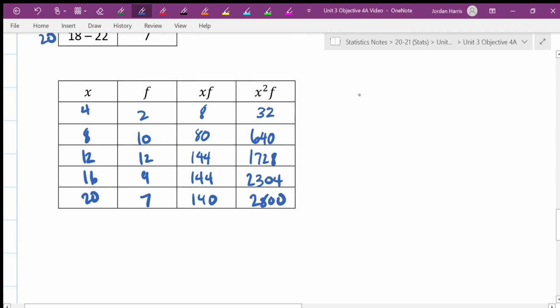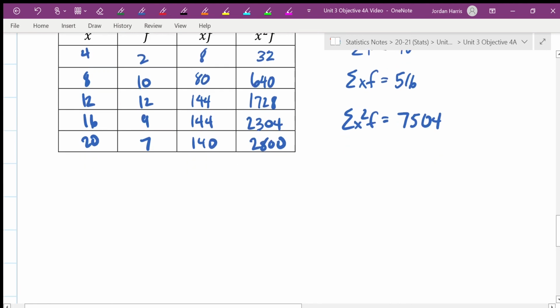And then I'm finding my 3 sums. Sum of f, that's the total number of data points I have, the sum of the frequencies. Then the sum of the data is the sum of x times f. And then finally the sum of the squared data, which is sum of x squared f.